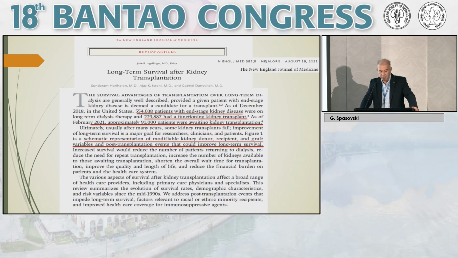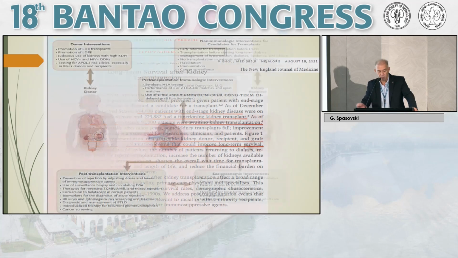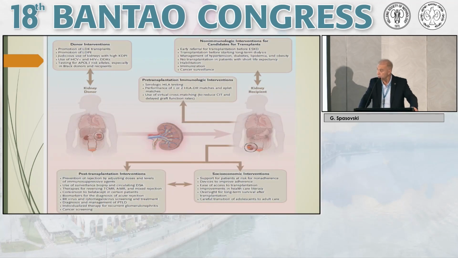And of course, we have a lot of data on the representation of modifiable kidney donor, recipient, and graft variables and post-transplantation events that could improve graft survival. So you see here on the left donor intervention like promotion of living kidney donation.